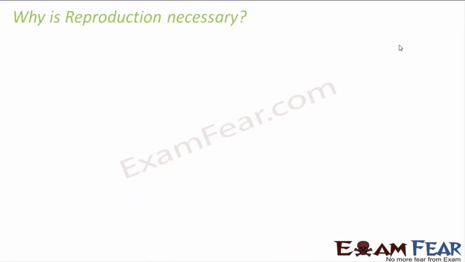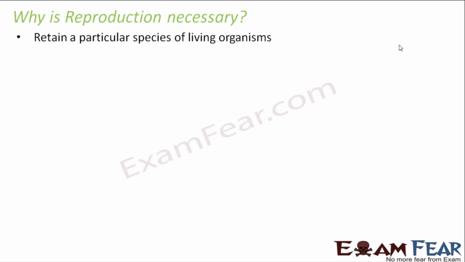Now the question is, why is reproduction necessary? In the first slide, I already gave you an idea of how it would be if there were no reproduction at all. Let us see once again the reasons which justify the necessity of reproduction. Reproduction retains a particular species of living organisms. If there is no reproduction, that particular species will become extinct.